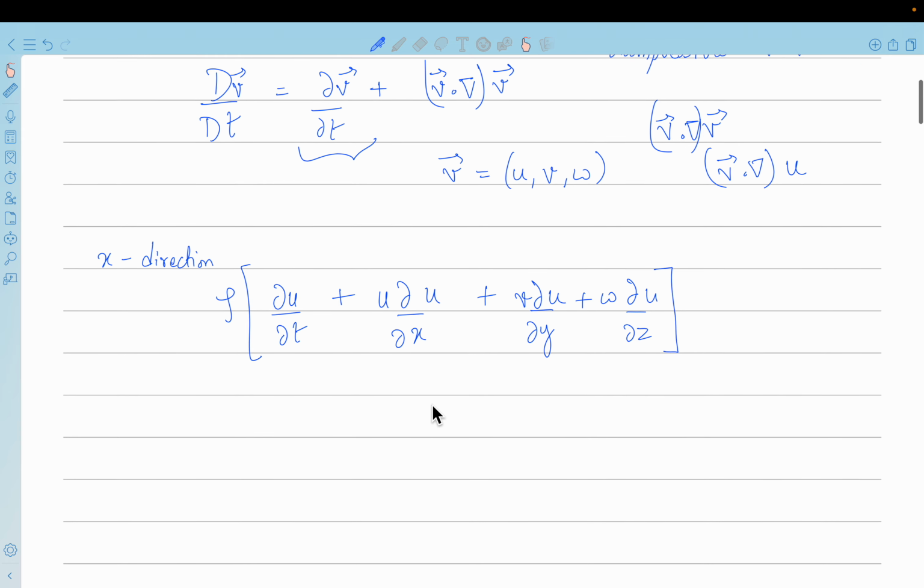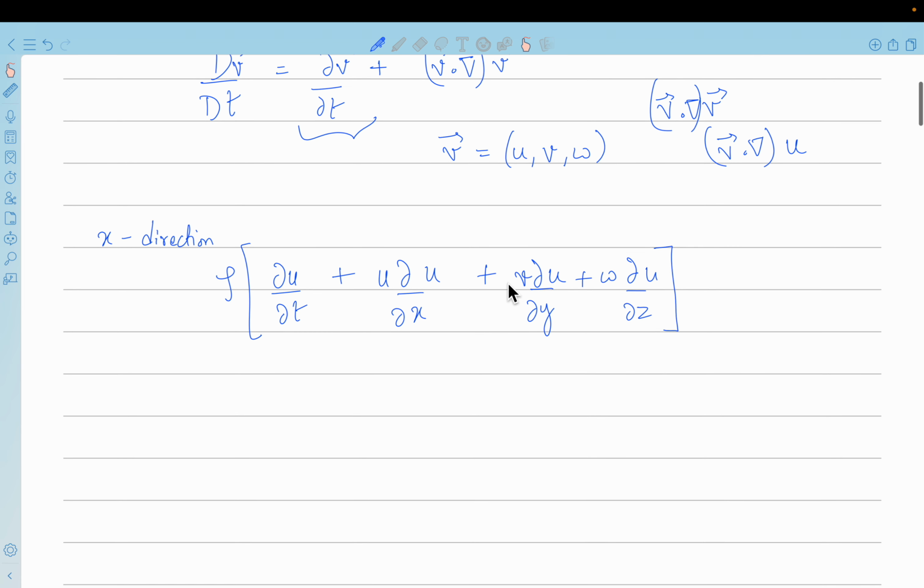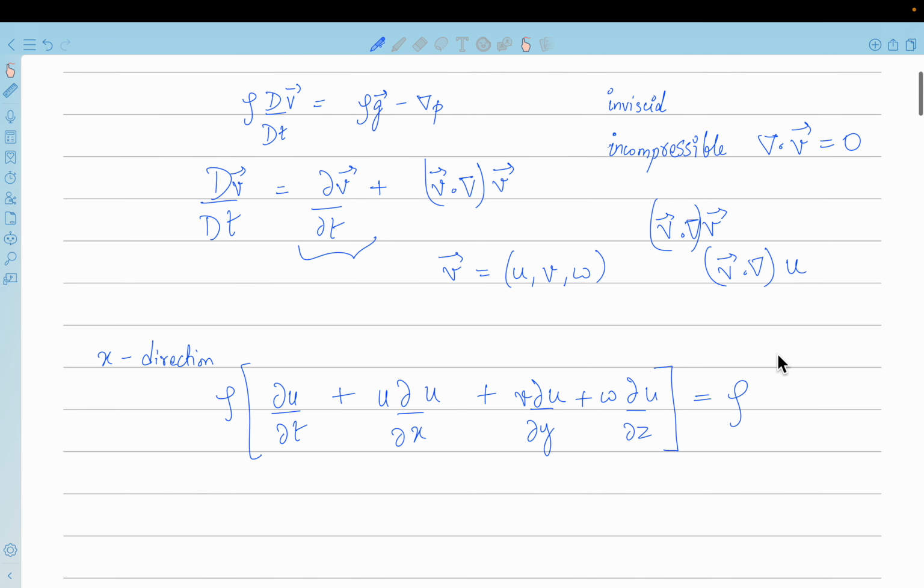I hope this is clear how we expanded the v dot grad term, and since we are taking only the x component, we are operating this v dot grad term only on u. So in all the terms you will see there is u, and this is equal to rho into, if there is any x component of g, then minus dou p by dou x. The gradient of p again has x, y, z components, so we are only taking the x component.